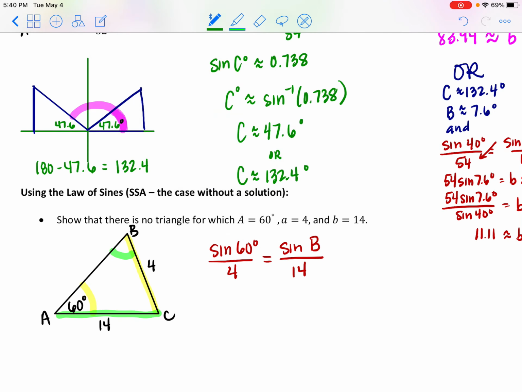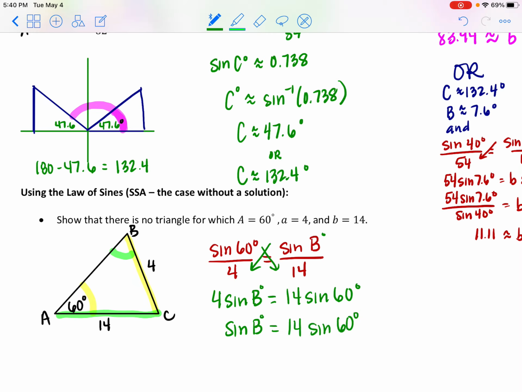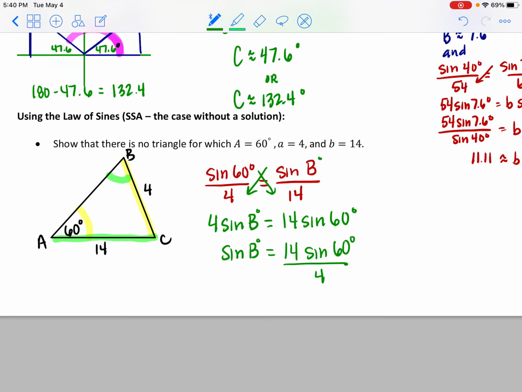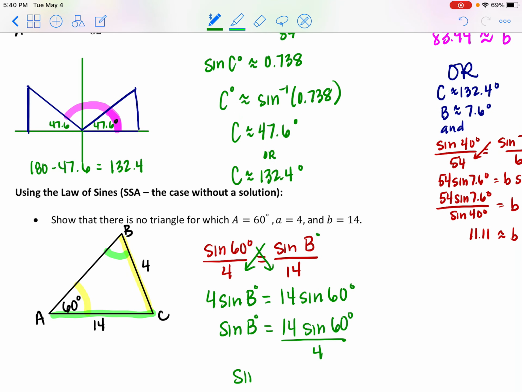All right, when I go to cross multiply and solve this, I have 4 times the sine of B equal to 14 times the sine of 60. And I divide by 4, so the sine of B is going to equal 14 sine of 60 degrees all divided by 4, and that is something that we can approximate.